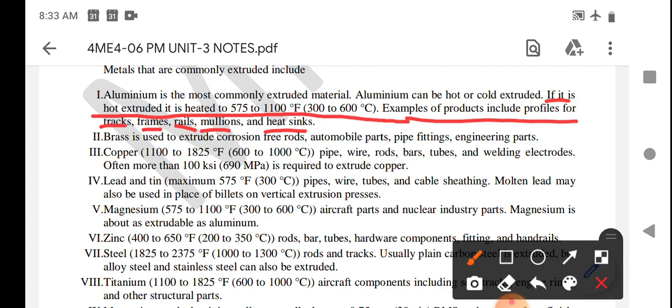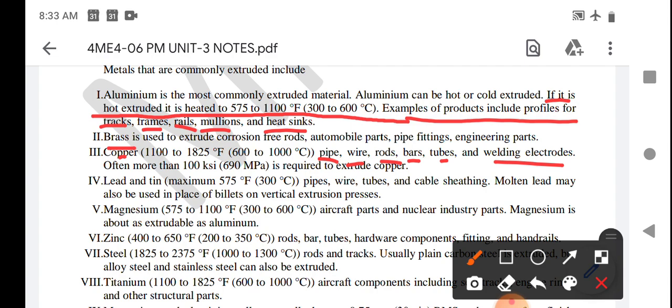Now second metal is brass, used to extrude corrosion free rod, automobile parts, pipe, fittings, engineering parts. Copper: pipe, wire, rod, bars, tubes, welding electrodes. Often more than 690 megapascal is required to extrude copper.